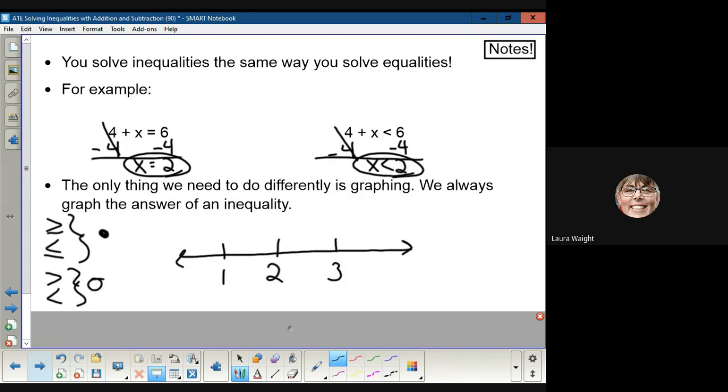And so since x is less than 2, we will have an open dot at 2, and everything x could be is less than 2, and so we would color this way on our number line. Okay? And that is what you will do. Both parts, the x is less than 2, and the graph becomes the solution to this inequality.